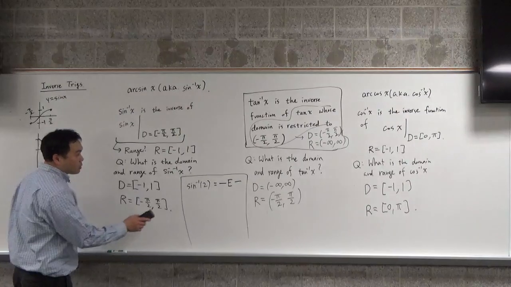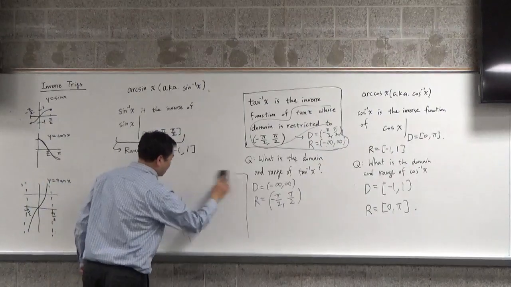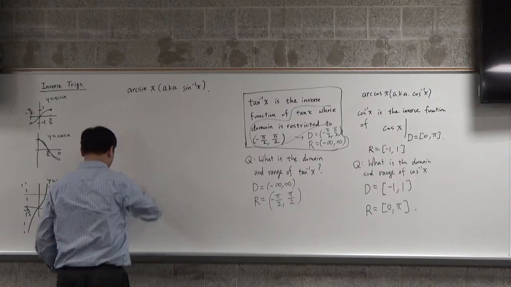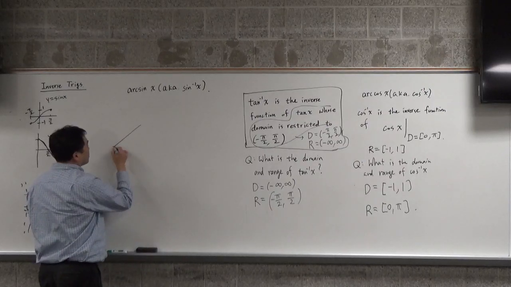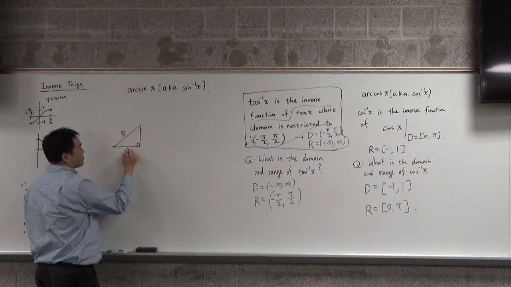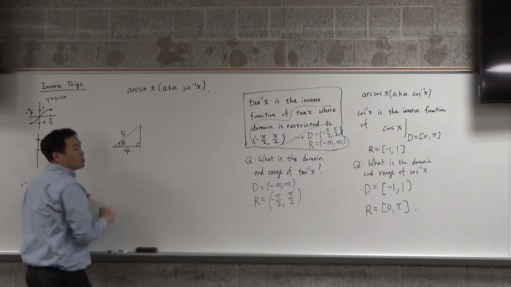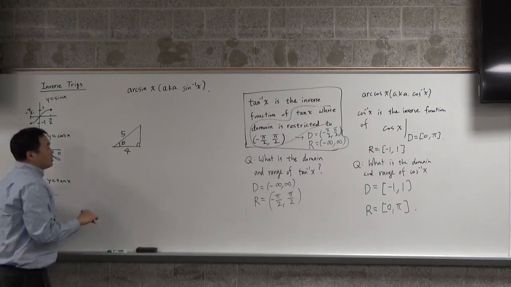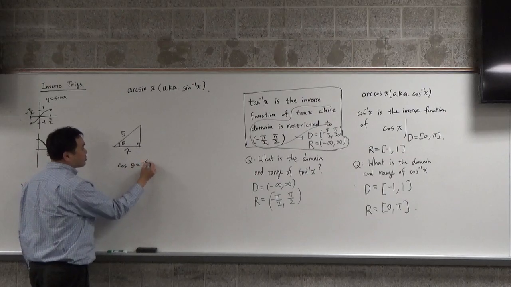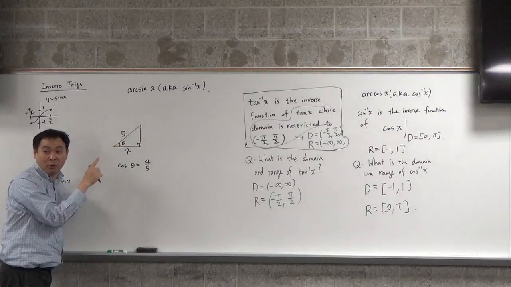Let's do a quick example of the cosine one. Suppose you're given a right triangle where this is 5 and this is 4. So it's like a 3, 4, 5 triangle, okay? And you want to know what this angle is. You say cosine of theta is 4 over 5, because cosine is adjacent over hypotenuse, SOHCAHTOA, right?